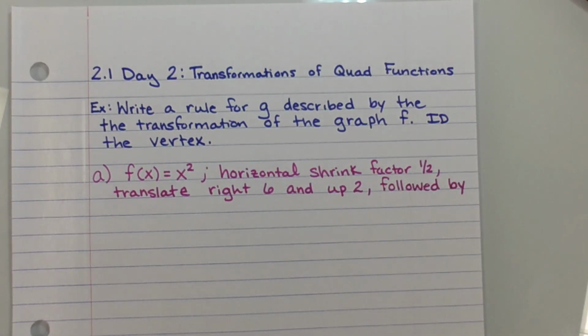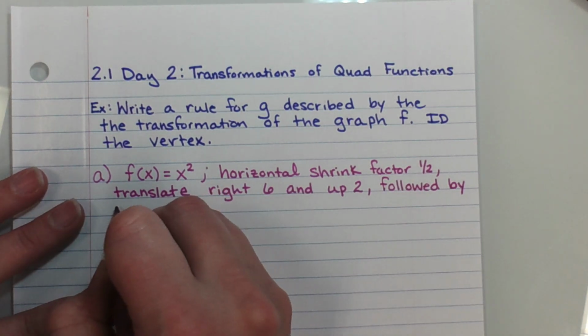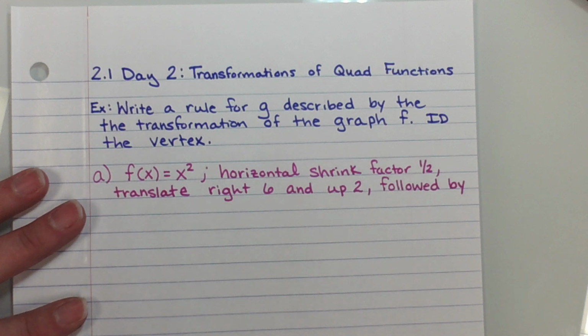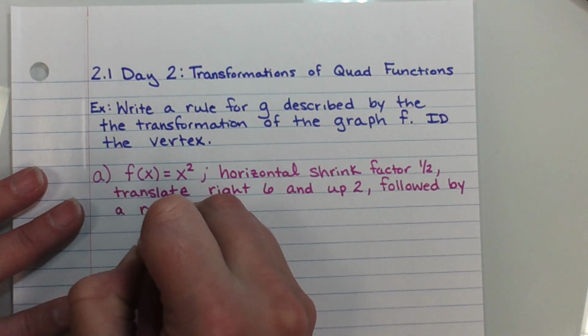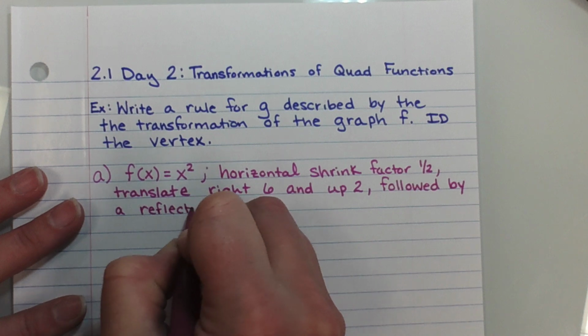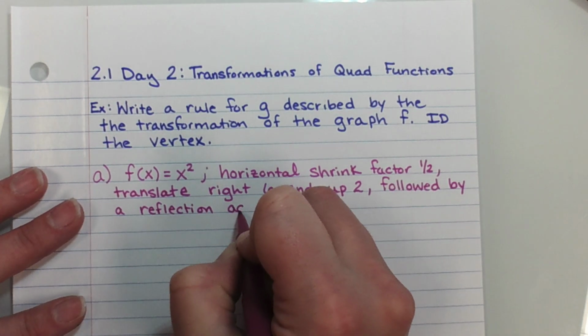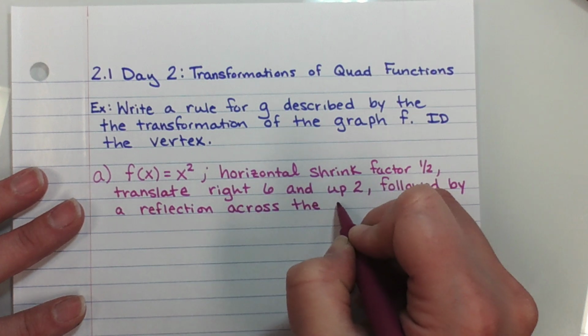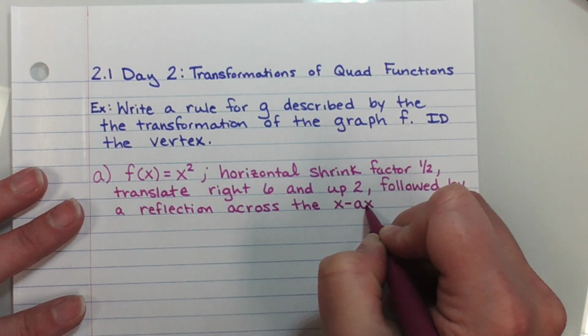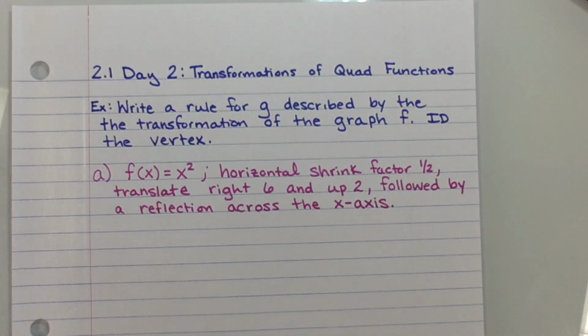Now we're going to introduce the words followed by. And it's going to tell you what it's going to do next. A reflection across the x-axis is going to be what this one is followed by.